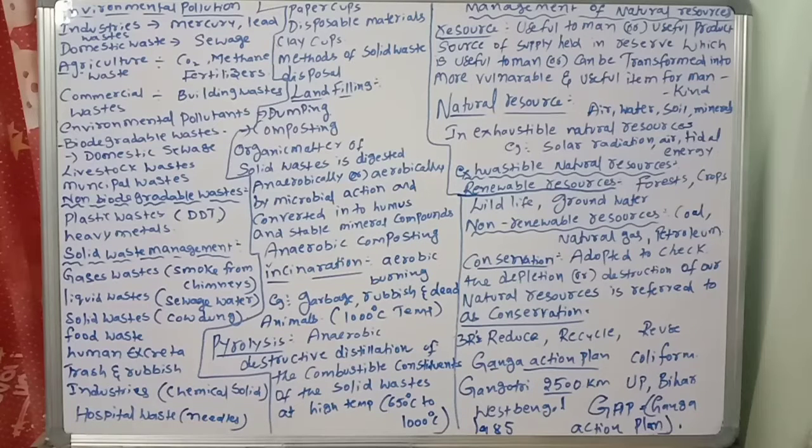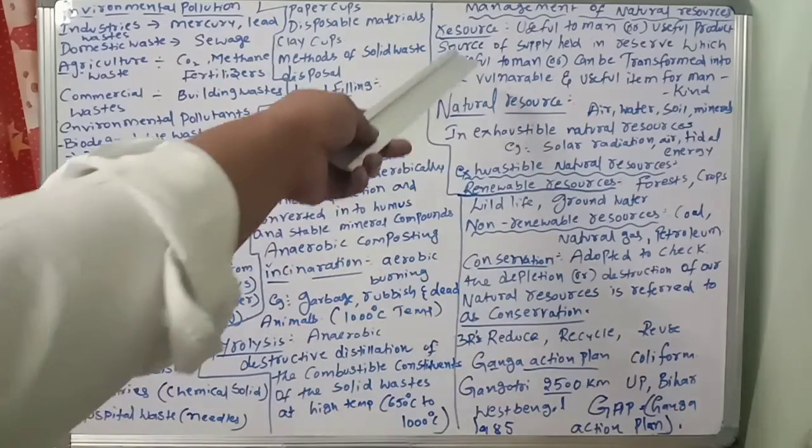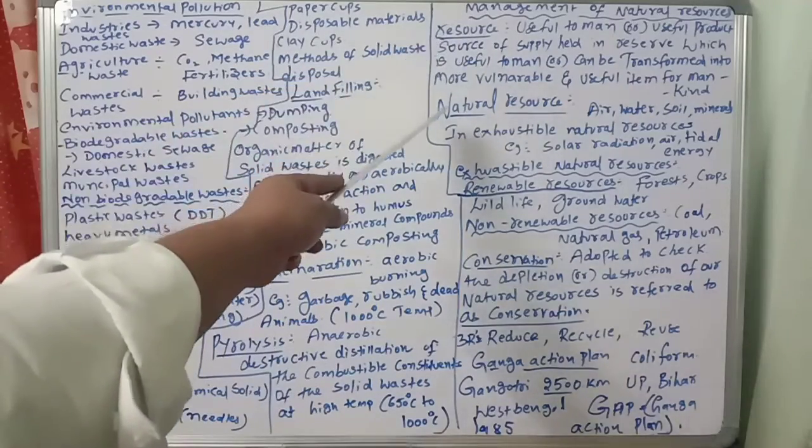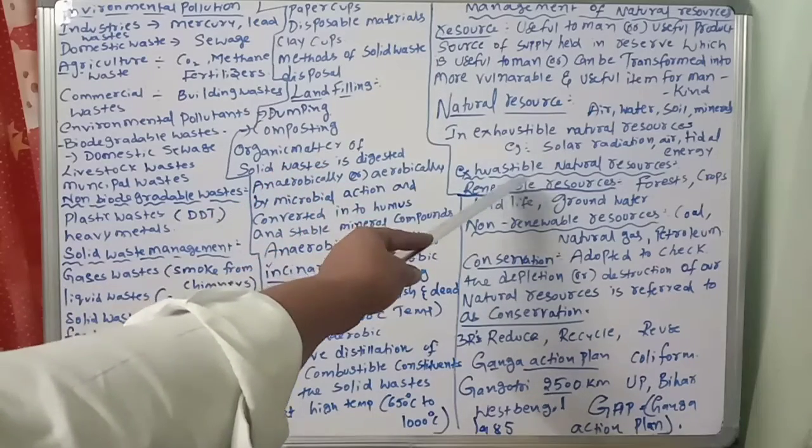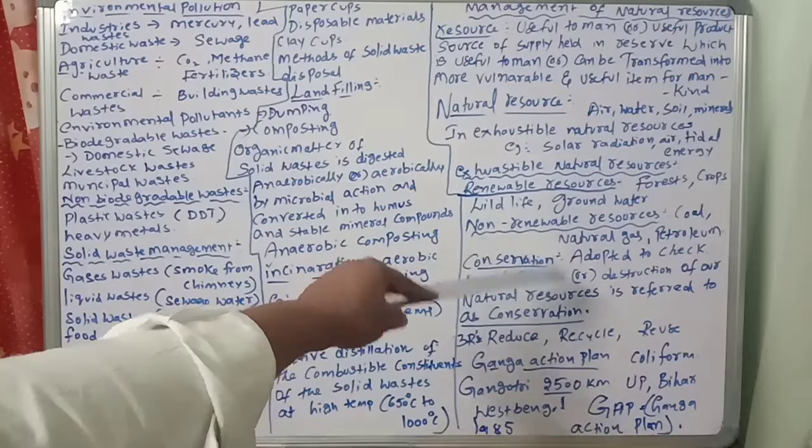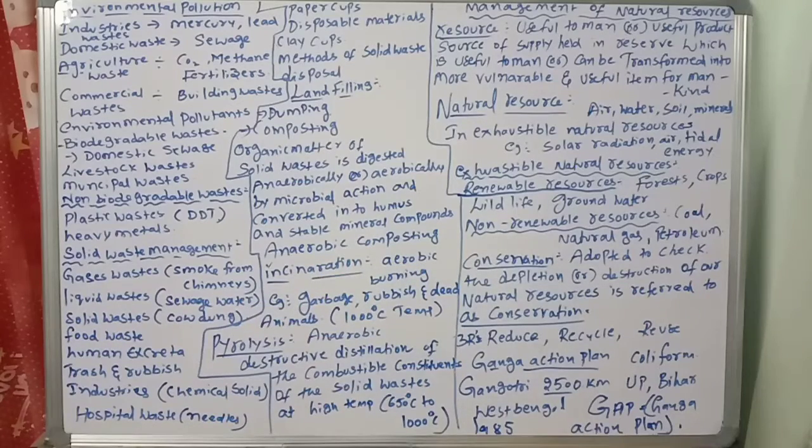If you do all these things, we can protect our environment and our resources. Otherwise, some problems will come, and they will be threats to our life. So children, you should listen carefully. The non-biodegradable waste, solid waste management, pyrolysis, the definition of a resource, what is a natural resource, the types of exhaustible natural resources, renewable resources, non-renewable resources, what is conservation, and for conservation, what are the 3R techniques?